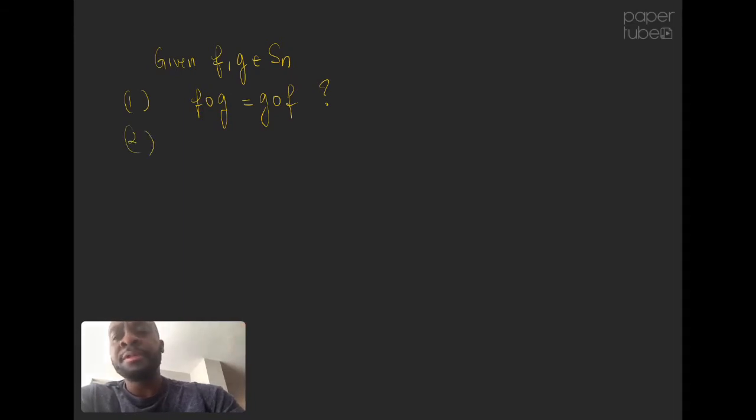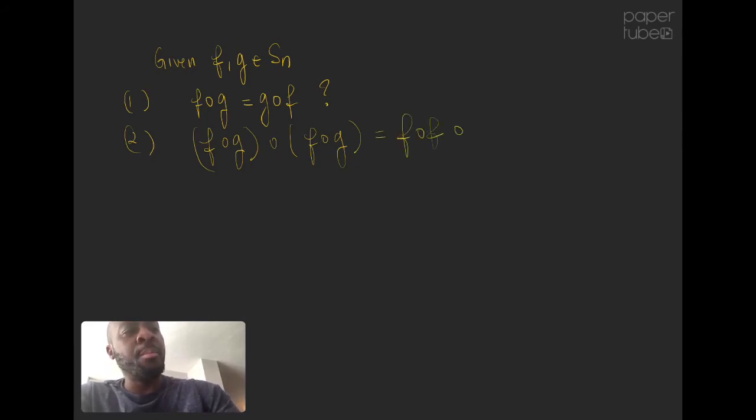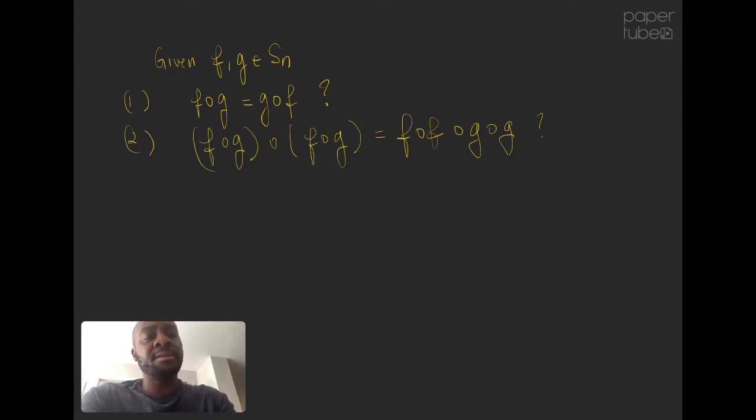Second, is it true that if I compose f with g, and let's say f with g, we get f composed with f composed with g composed with g? Can you somehow just move these symbols around as you wish without violating the definitions of these bijections?